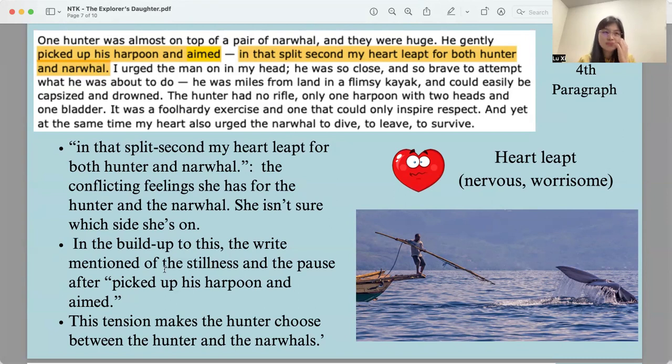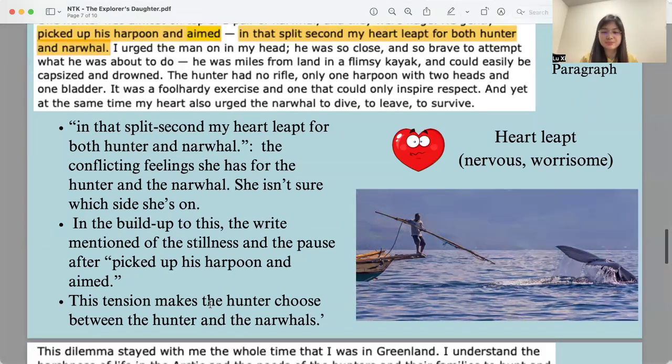So in mentioning the quick action and the stillness, the pause of picked up his harpoon and aimed, this creates a kind of tension between the quick action and the stillness in her mentality. This tension makes the writer choose between the hunter and the narwhal. This is another place where suspense is created.